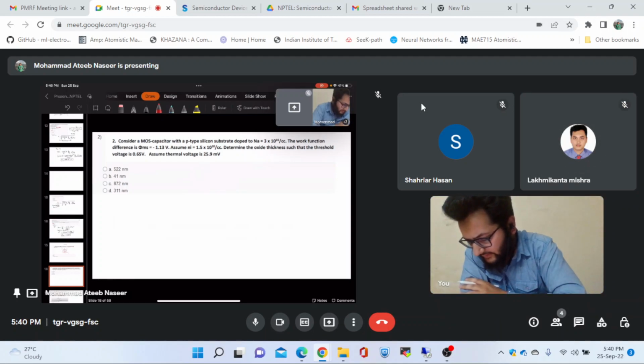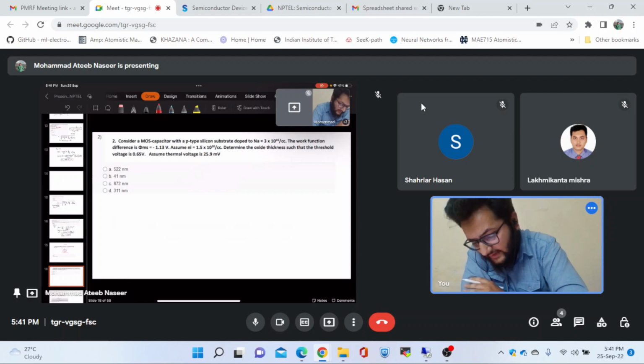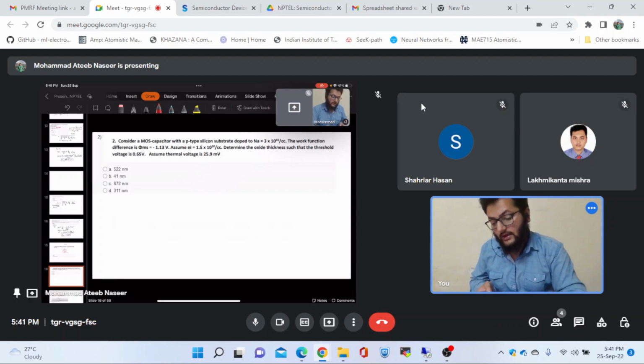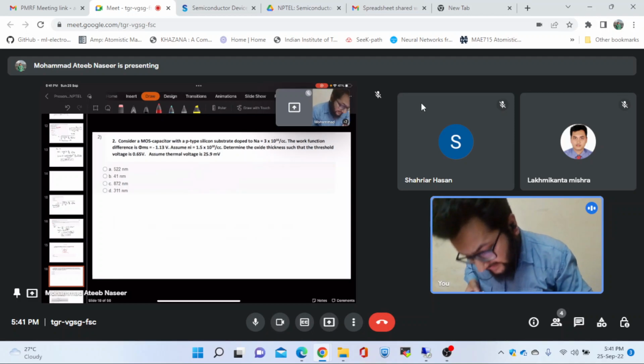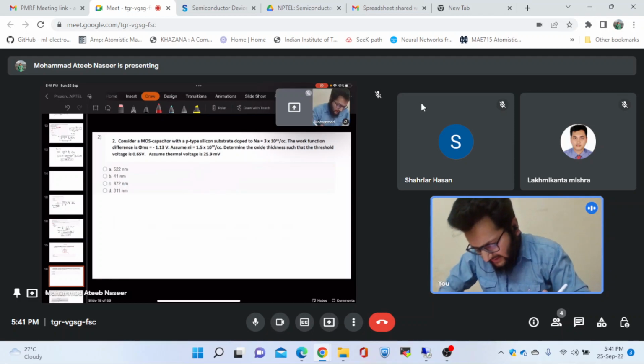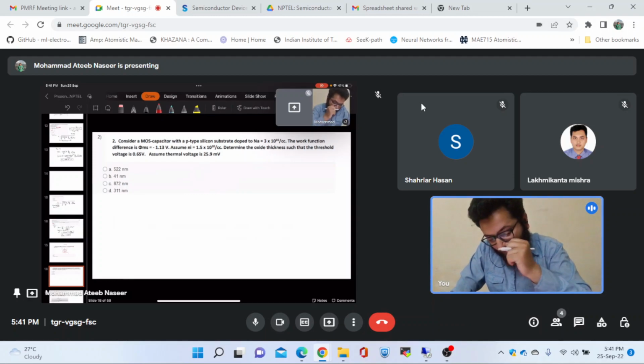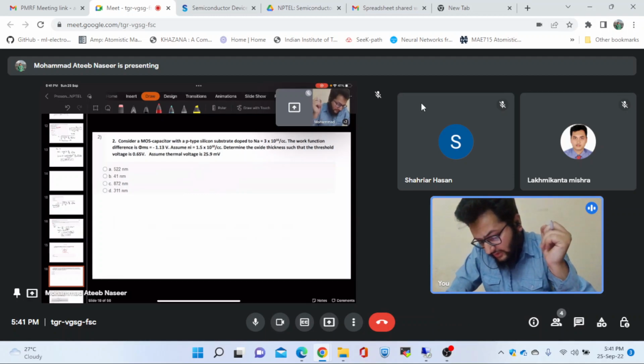Okay, so let's move towards another problem, which says that we have a MOSFET with a p-type silicon substrate, having a doping concentration of 3 times 10^16 per centimeter cube, and we have been given the work function to be equal to -1.13, and the intrinsic carrier concentration has to be taken equal to 1.5 times 10^10 per centimeter cube.